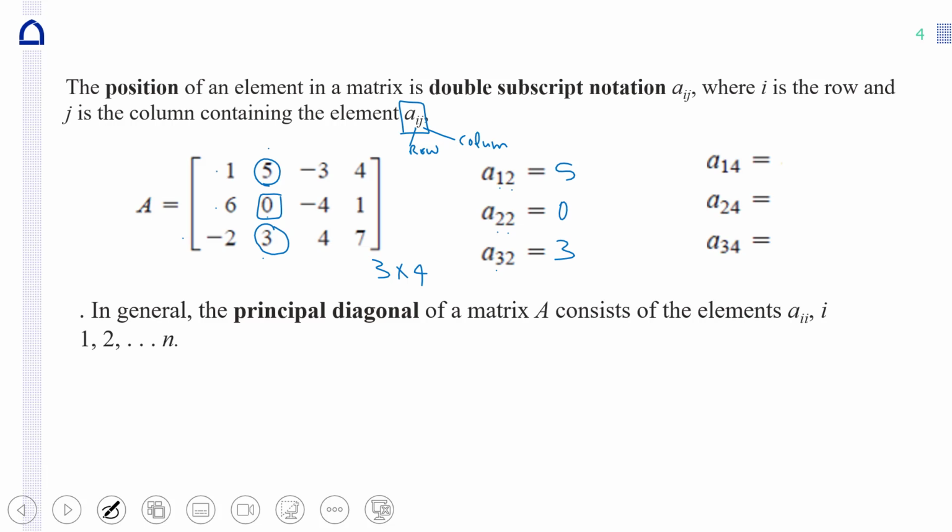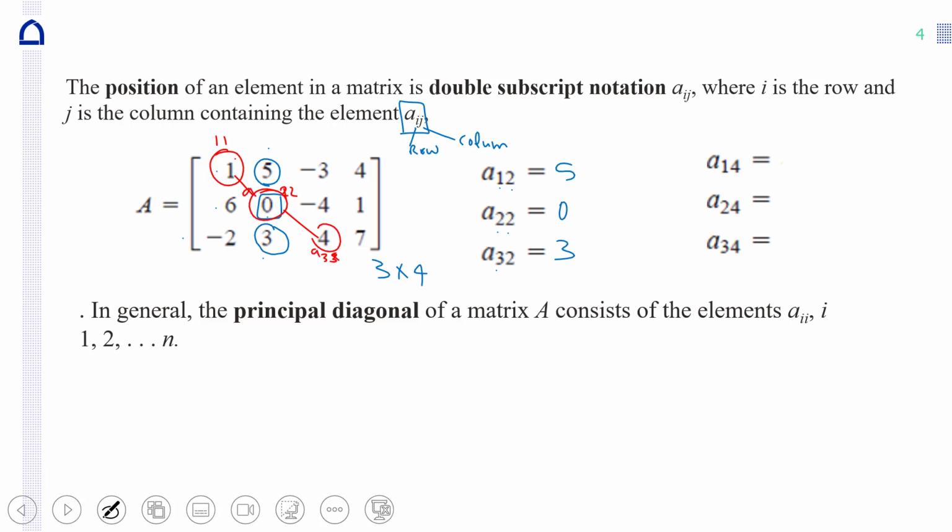We have something called the main diagonal. The main diagonal comes from the left corner here. This is what we call the main diagonal. This element is in the first row and first column, this is in the second row and second column, and this is in the third row and third column.